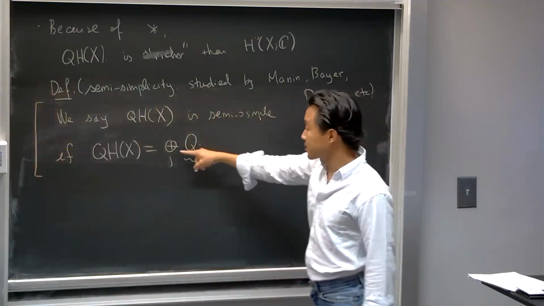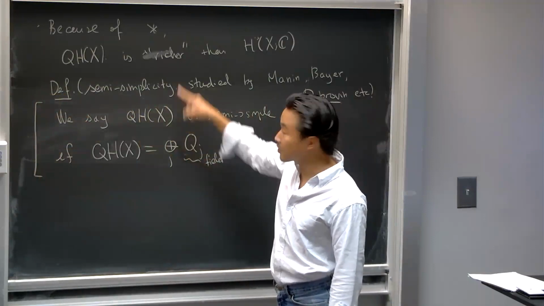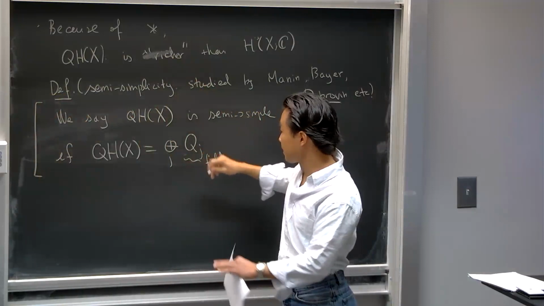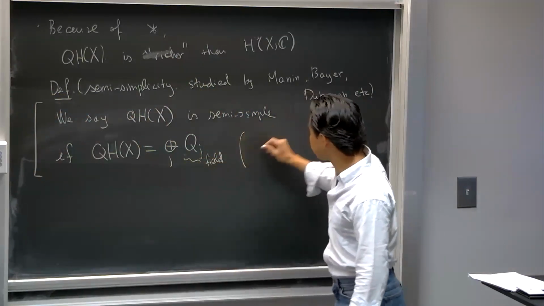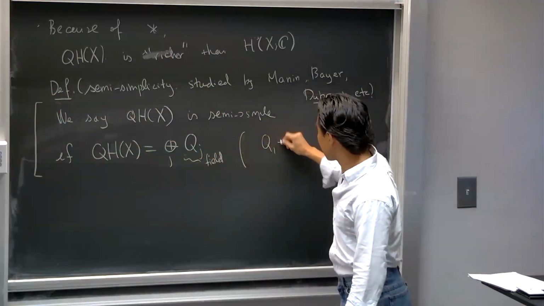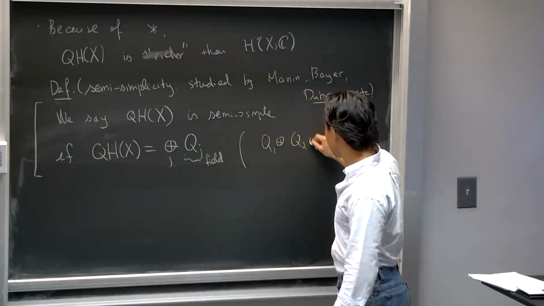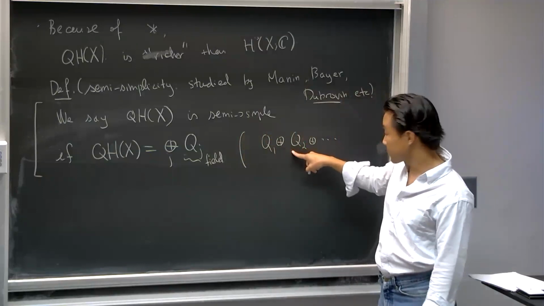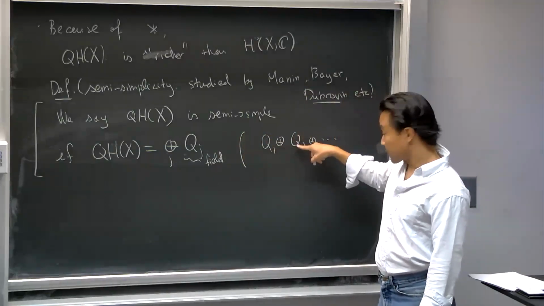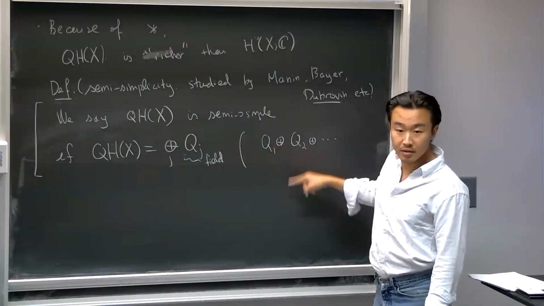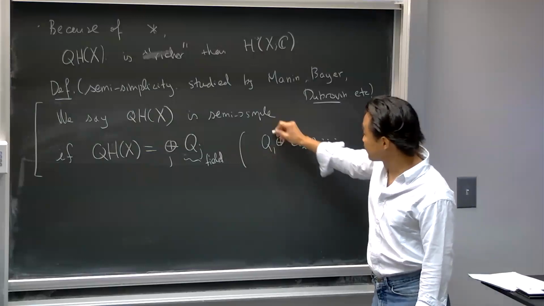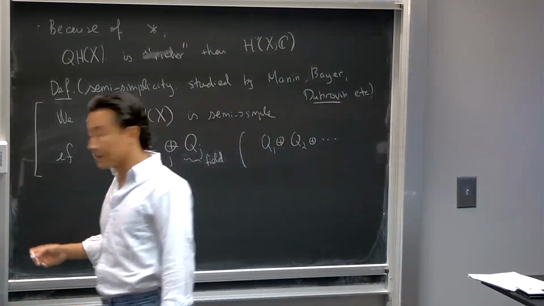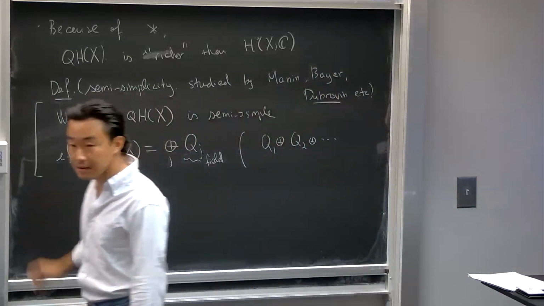The split is with respect to the quantum product. So meaning that if you take a class in Q1 and a class in Q2, then their product is going to be 0. It's a split respecting the product structure, not just as a vector space.